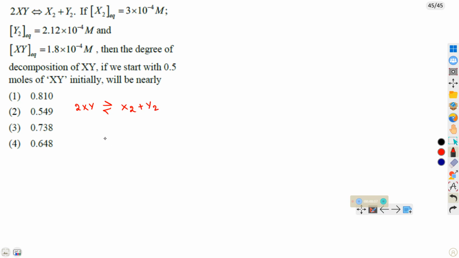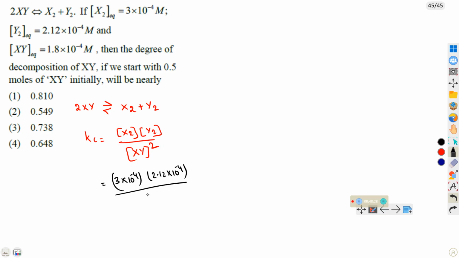Kc, the equilibrium constant, is equal to concentration of X2 into concentration of Y2 by concentration of XY whole square. That is 3 into 10 power minus 4 into 2.12 into 10 power minus 4 by 1.8 into 10 power minus 4 whole square. Simplify, then you will get Kc value 1.963.